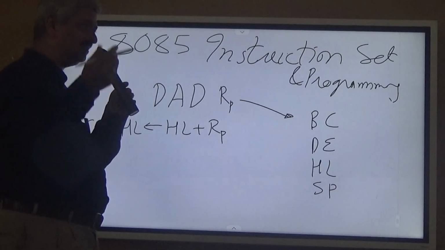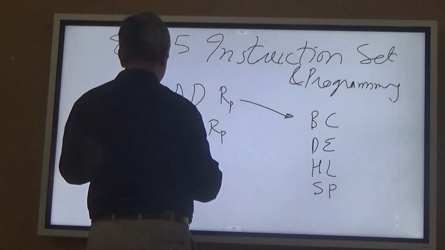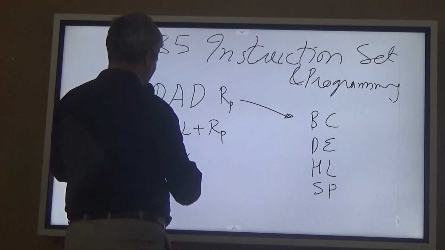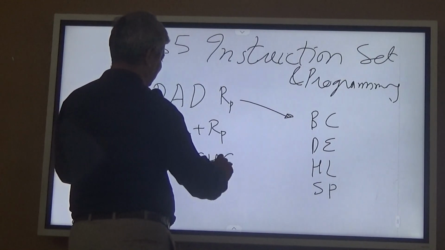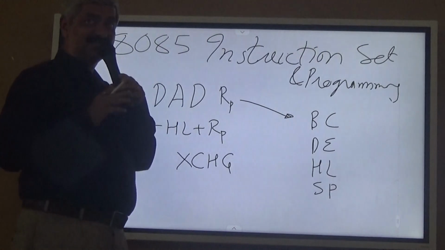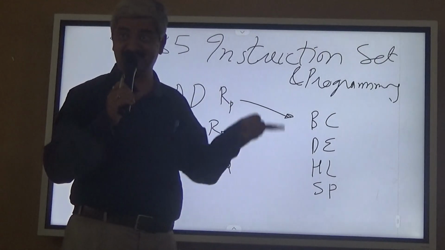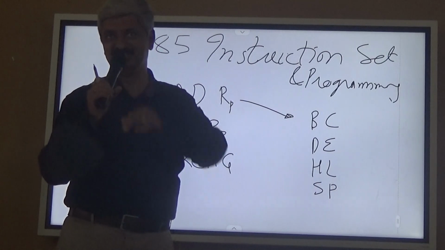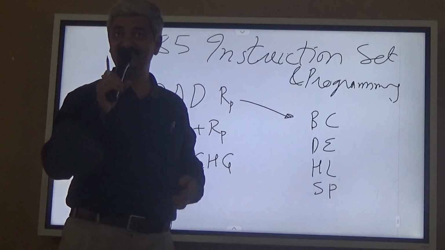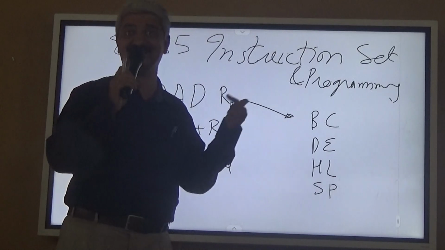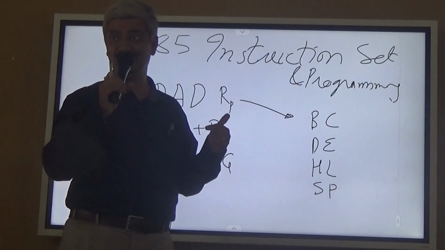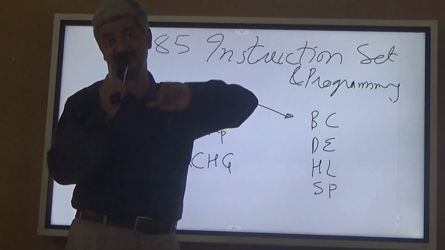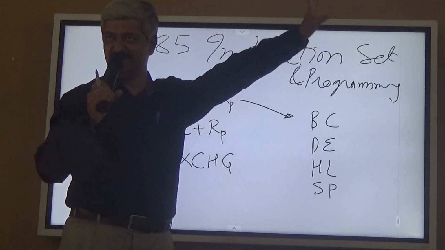And there is one more peculiar instruction, exchange. Otherwise, doing an exchange is very difficult. If you want to exchange register B and register C, you can't do so directly because you have to take the help of some other register by move, or the data is lost, or you have to keep it at some memory location not used for any other purpose.